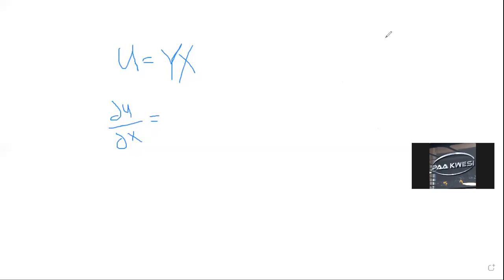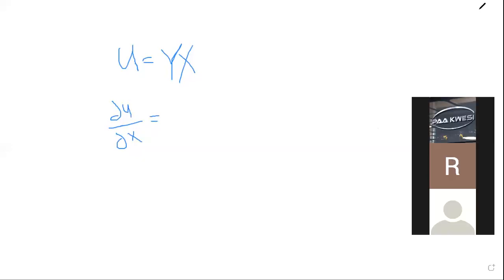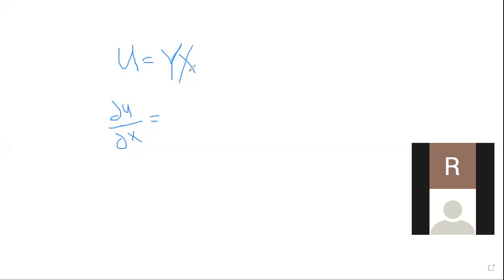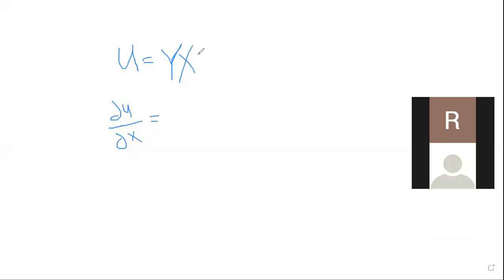Okay. So yes, it's true it's y, but let's see why it's y. If you have two variables like this, and you're asked to differentiate with respect to one, assume that the other one is constant. So in this case, in your mind, this should be k. It would be just like y is equal to kx, so the answer will be k.